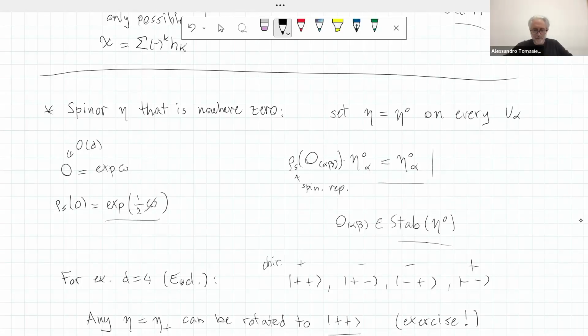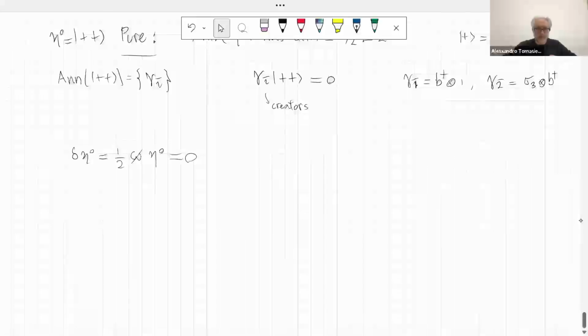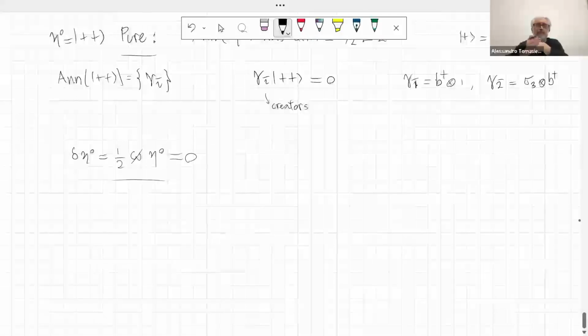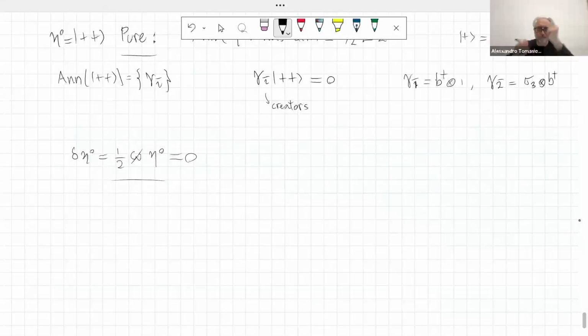So the condition that is easier to impose is this. And now let me write omega in a complex basis. Instead of writing it in real coordinates like this, I can write it in complex coordinates.